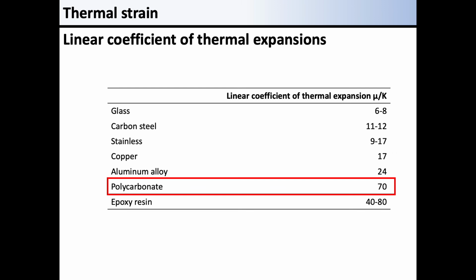And when you bring the temperature back to room temperature, they solidify again and become a solid object. PETs used for plastic bottles also have such characteristics. The linear coefficients of thermal expansion of polycarbonates are about 70 micro per Kelvin.